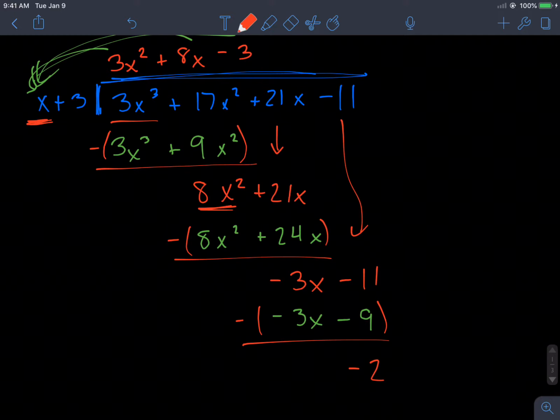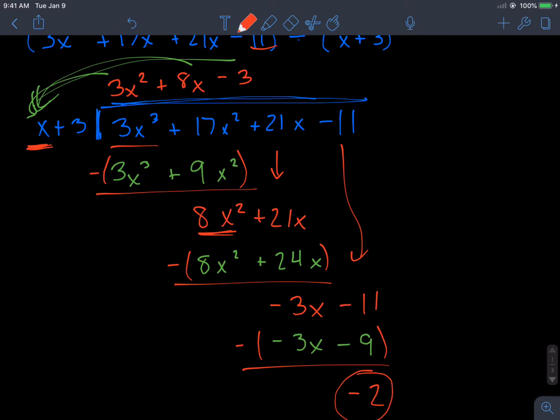So now, how many times does x go into a negative 2? It doesn't. So this piece here is our remainder. So a remainder is still trying to get divided by the x plus 3, right? It doesn't divide evenly, so that's our remainder.